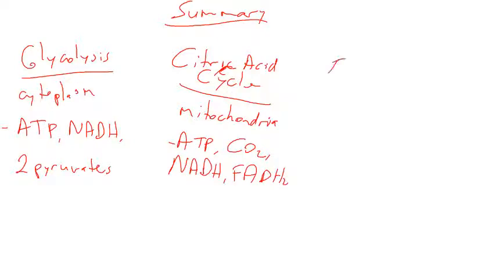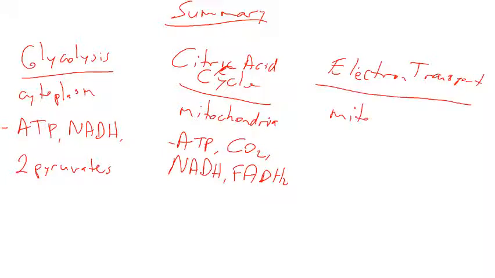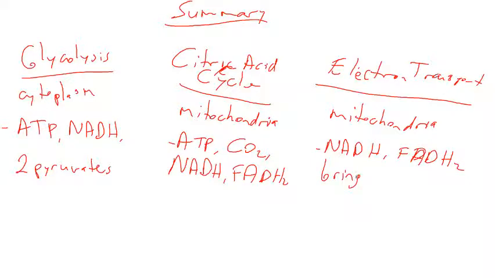And the last step, the electron transport. Know that this also occurs in the mitochondria. And here, the NADH and FADH2, sorry, cannot write. Know that those two bring over hydrogens.